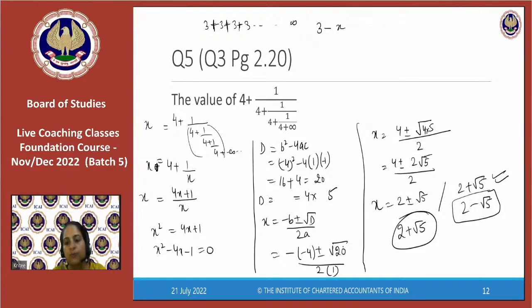And also, root 5 is greater than 2. When I do 2 minus root 5, this is going to give me a negative number. But this expression is nowhere having a negative.